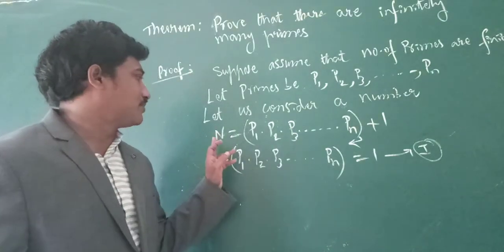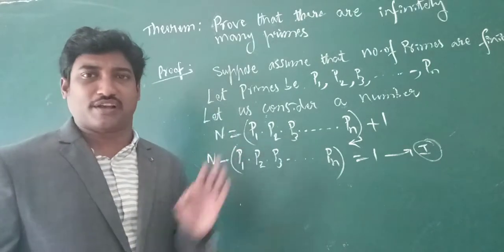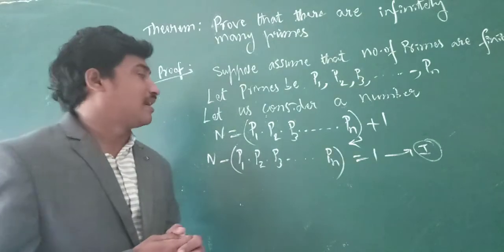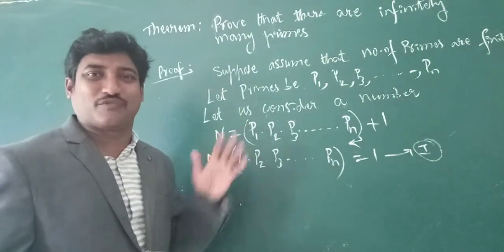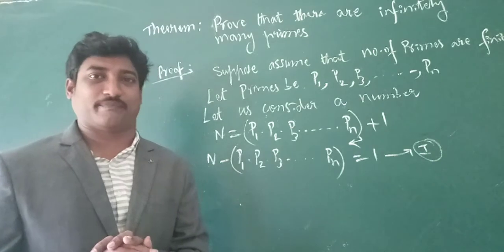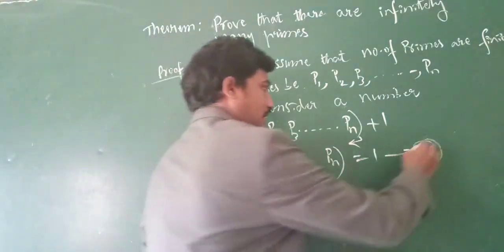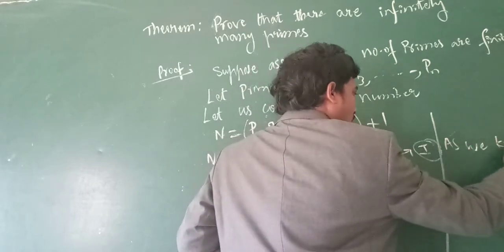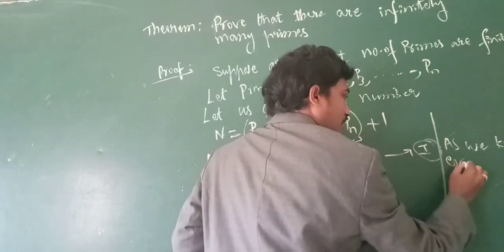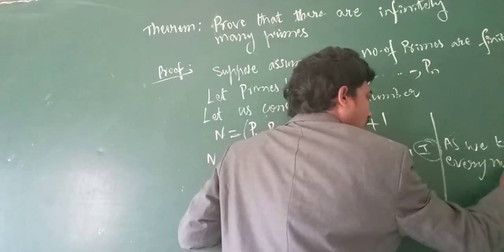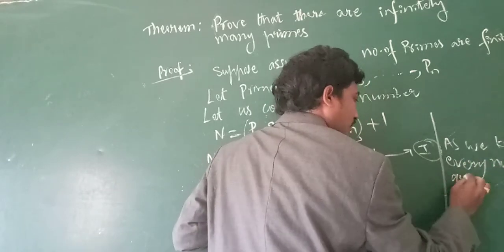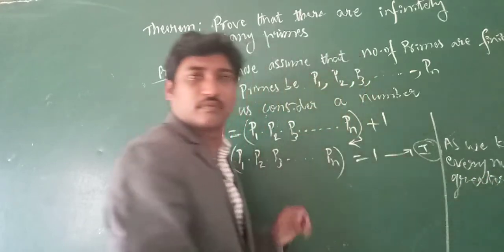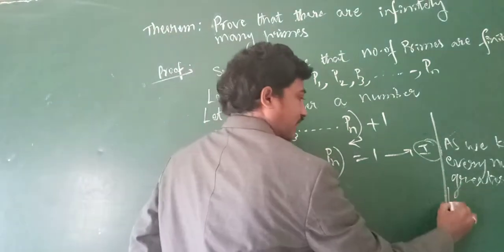Now N is a natural number. We know the fact that every natural number greater than 1 has a prime factor.